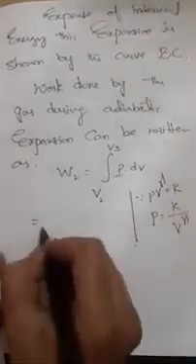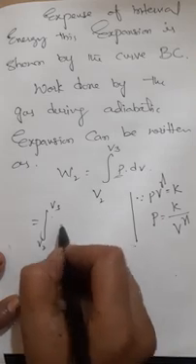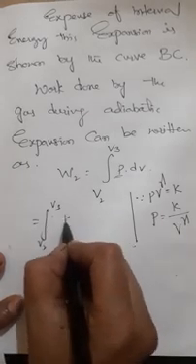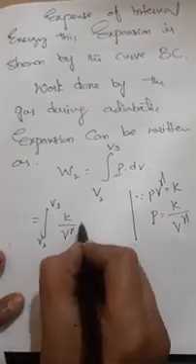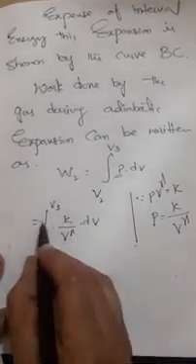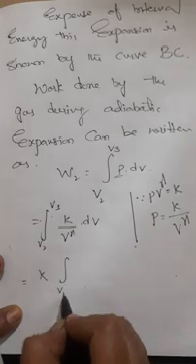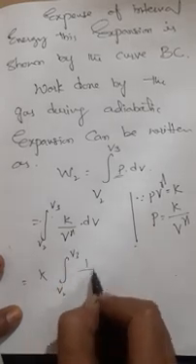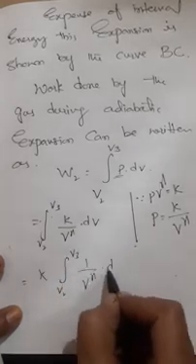Then the integral from V2 to V3 of K by V to the power of gamma dV. Taking out K, we get the integral from V2 to V3 of 1 by V to the power of gamma dV.